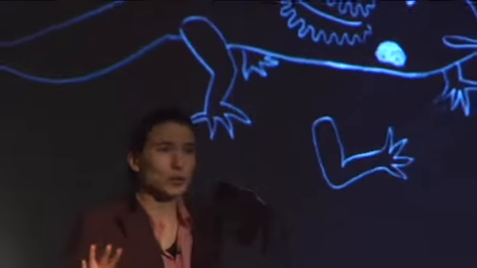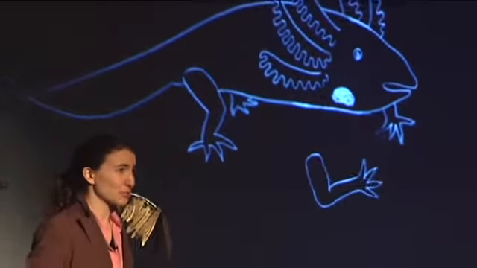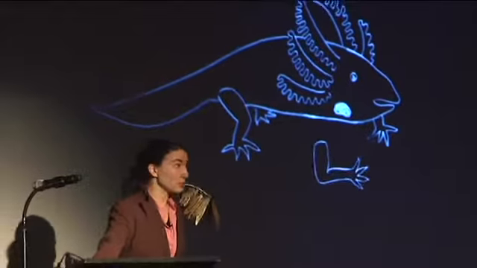Humans shed and regrow their hair, birds molt and regrow their feathers, but the axolotl can regrow an entire limb even as an adult. When an axolotl limb is amputated, a blastema full of multipotent progenitor cells forms at the wound.